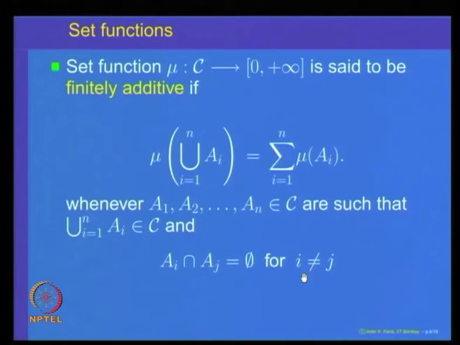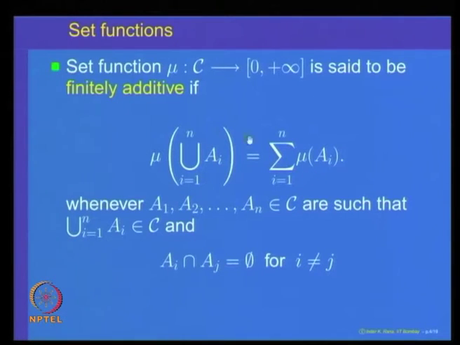So, once again let us see what is finite additivity. Finite additivity means for any finite collection of sets A 1, A 2, up to A n in C, such that their union is also an element in C and these sets are pairwise disjoint, we want that mu of the union is equal to the summation of mu of the individual A i's.